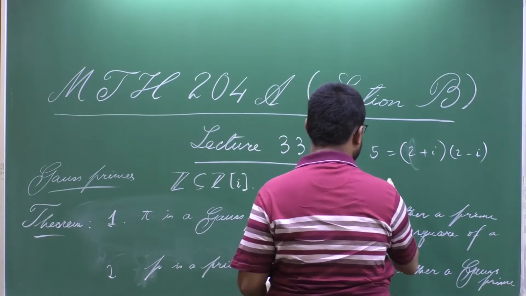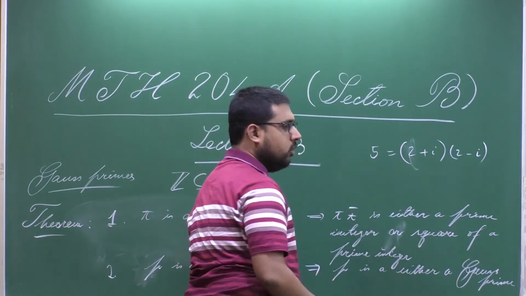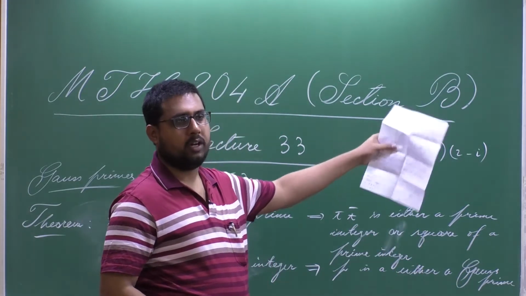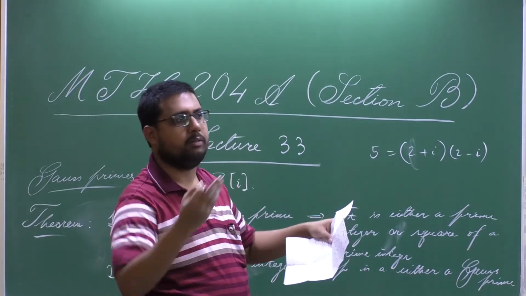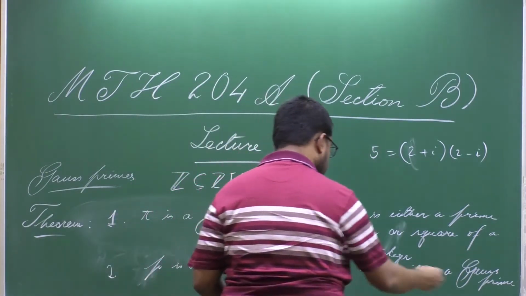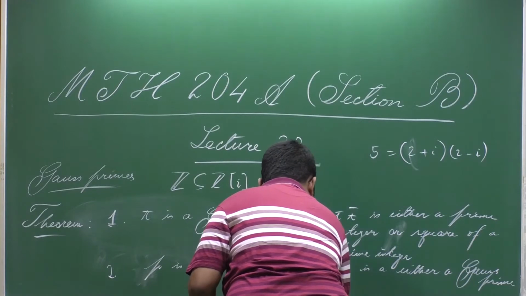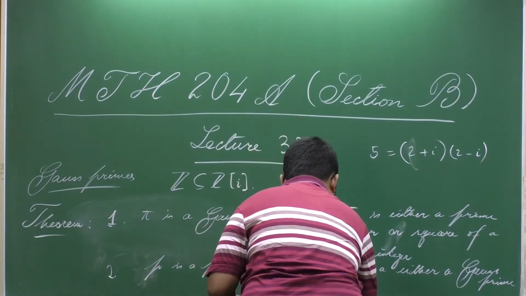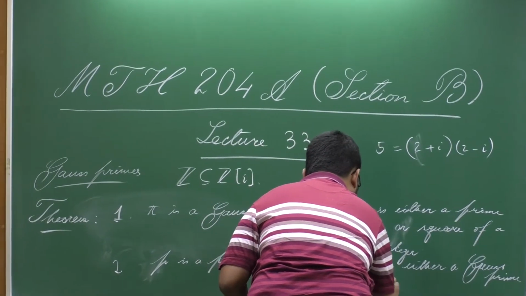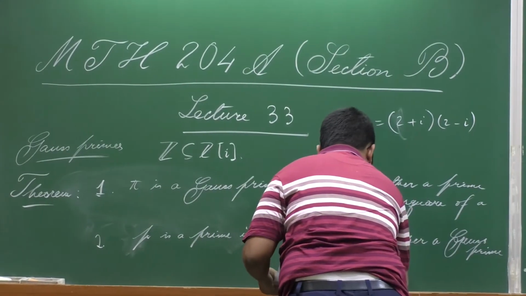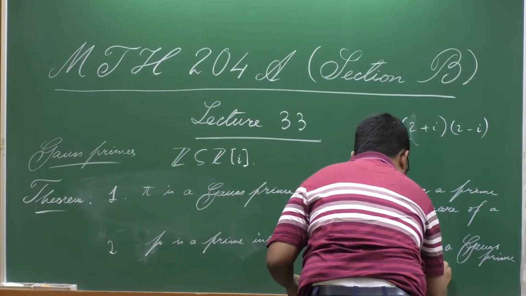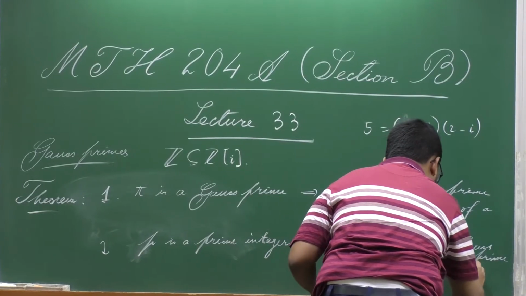So this example suggests that if p is not a prime, then it could be a product of a Gauss prime together with its complex conjugate. So either it is a Gauss prime, or it is of the form π times π conjugate, where π is a Gauss prime.